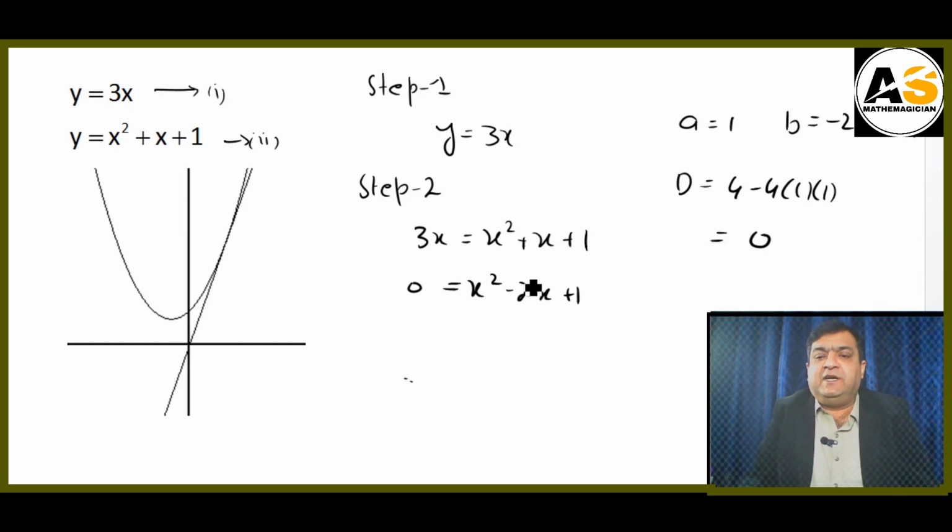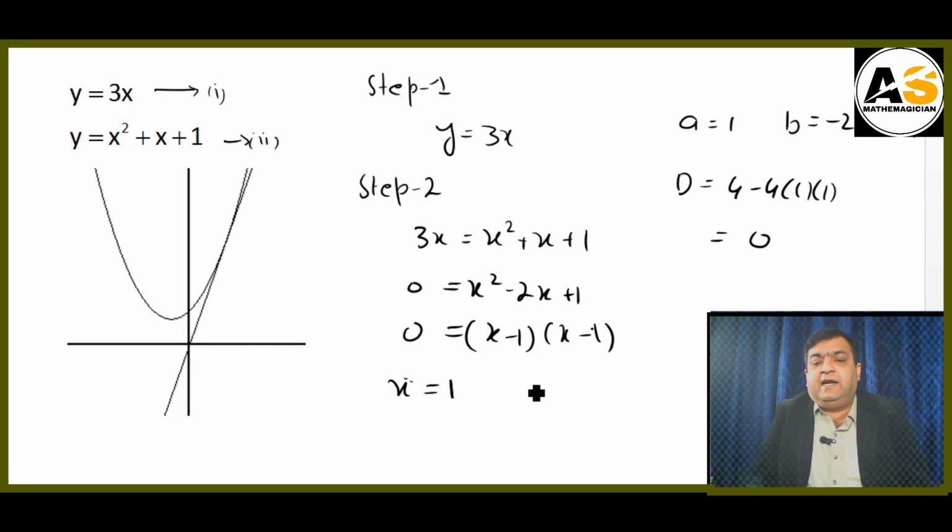This discriminant is 0. If I solve this quadratic equation, these will be the two factors, and you can see I will get two equal values of x, and ultimately y is equal to 3x means I will get a single value of y.